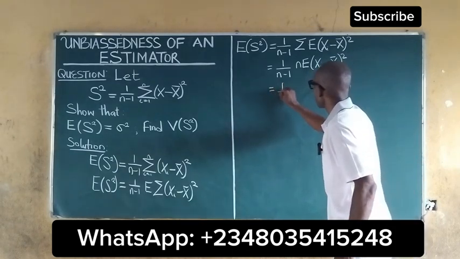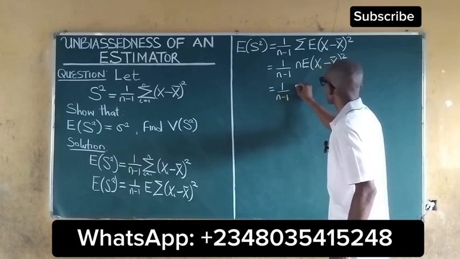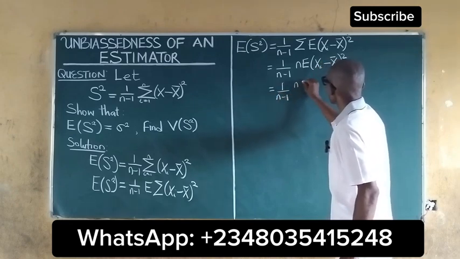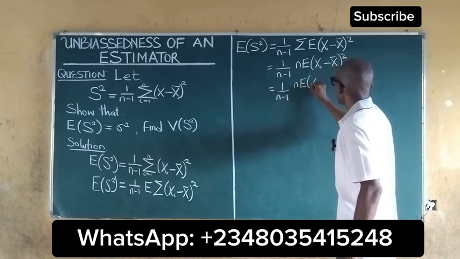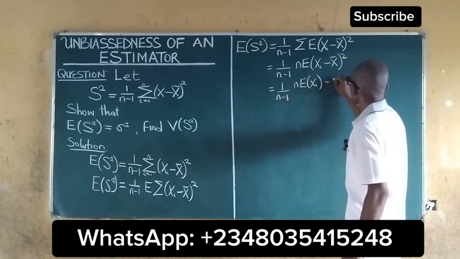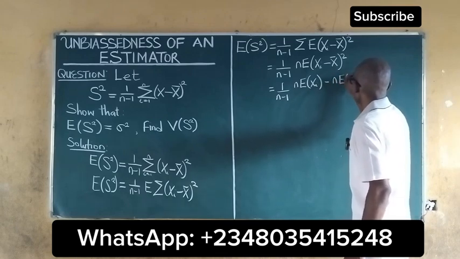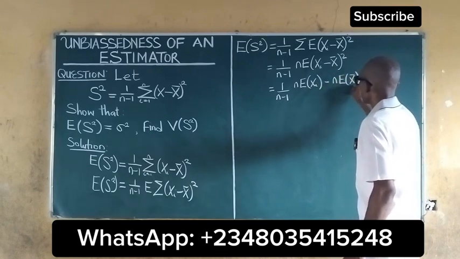which is also the same thing as 1 all over n minus 1 times n times the expected value of xi squared minus n times the expected value of x bar squared.